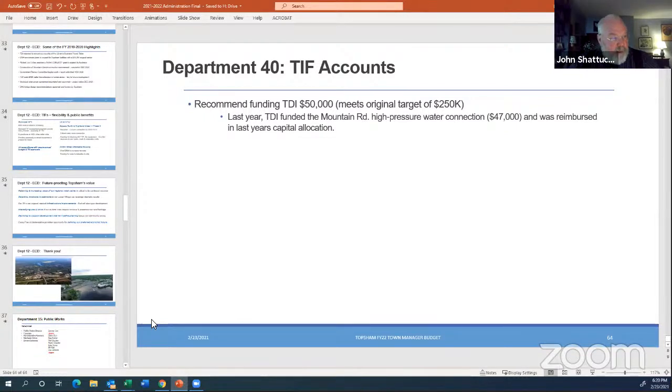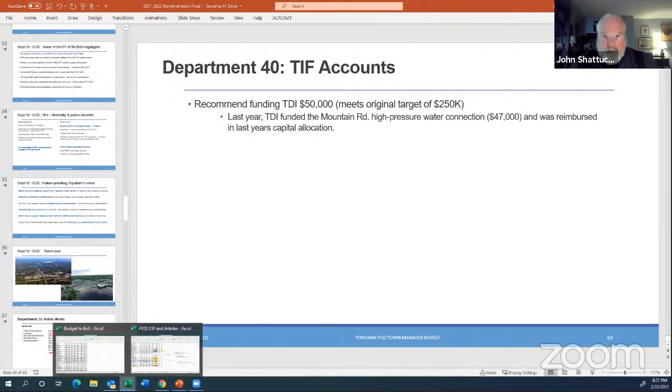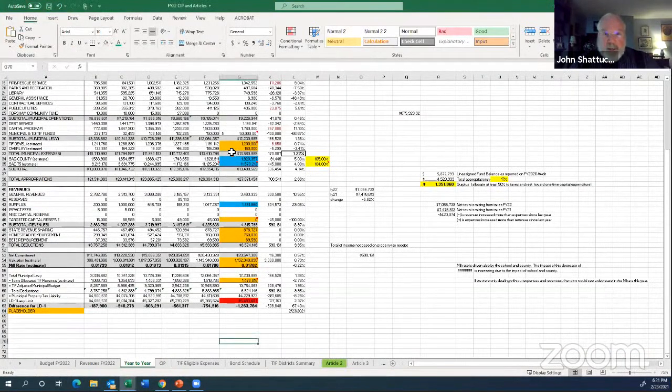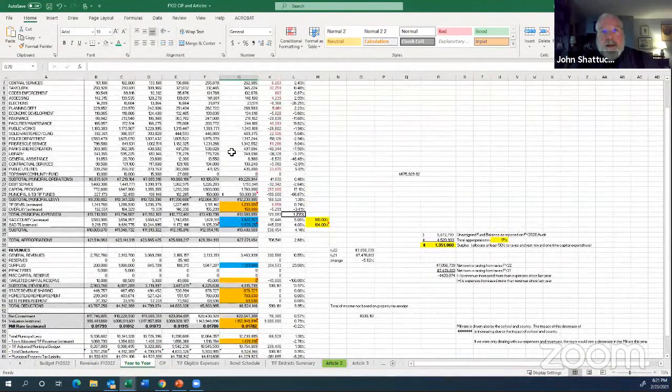And the problem with the intended funding source for that, which was the Highland Green TIF in that area, was that it had not accrued the funds yet to fund that infrastructure. There hadn't been enough increment, new build in that phase of the Highland Greens project, to fund the new infrastructure. So TDI picked that up. The select board and the finance committee graciously reimbursed that. So that was an additional $50,000 that was funded last year as a reimbursement.